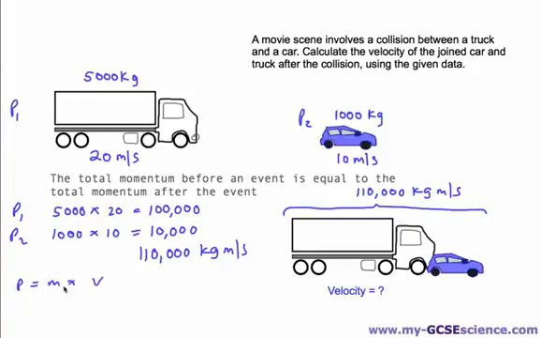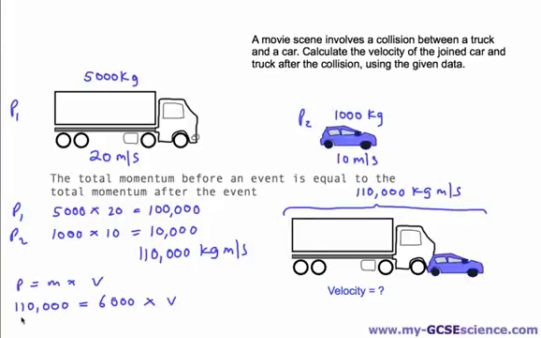We know the momentum, we know the mass, we don't know the velocity. So let's plug in the numbers. The momentum is 110,000 equals the mass. It's not written here, but we know the mass before, it's 5,000 and 1,000. So add those two together for the truck and the car joined together, that is 6,000 times the velocity, which we don't know yet.